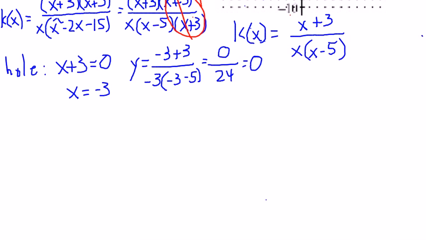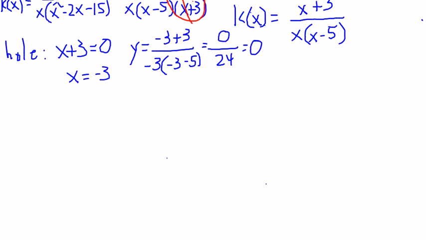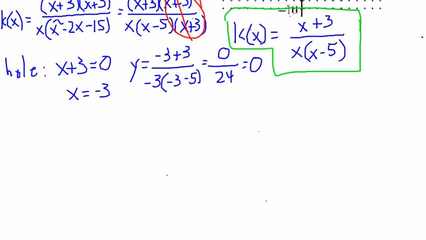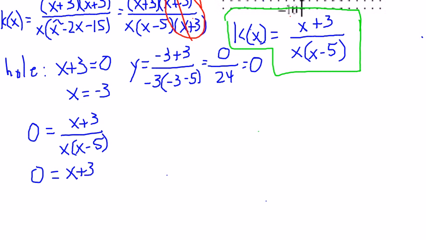So now I'm going to find the x and y intercepts. So this is the function that we're going to be using, the simplified one. To find your x-intercept, you make y 0 and solve for x. So 0 equals x plus 3. X equals negative 3, except that negative 3, 0 is our hole, so if it's the hole, it can't be a point, so there's actually no x-intercept.